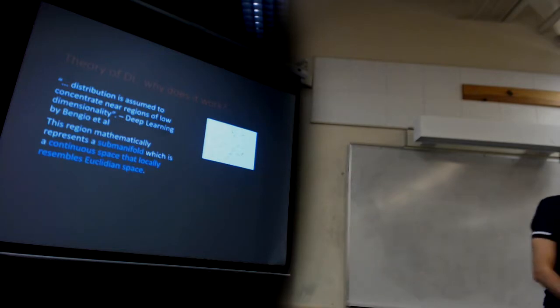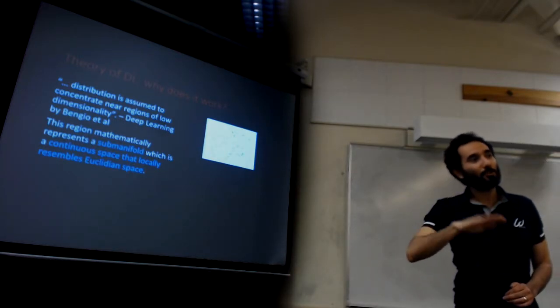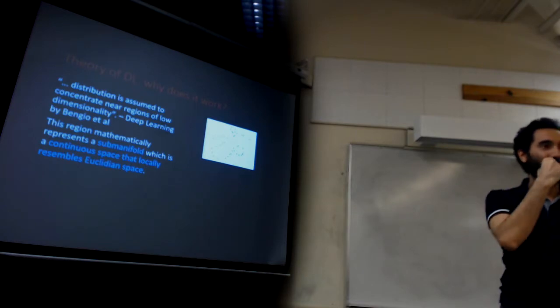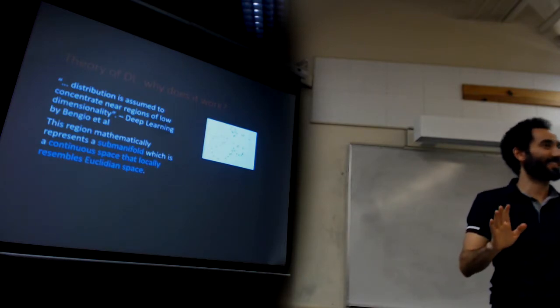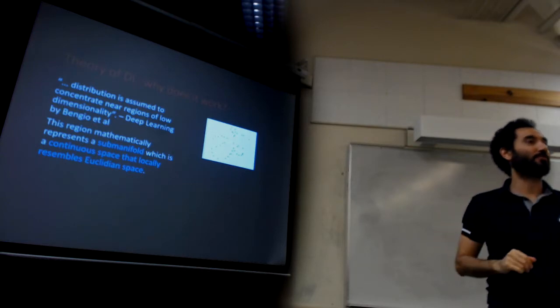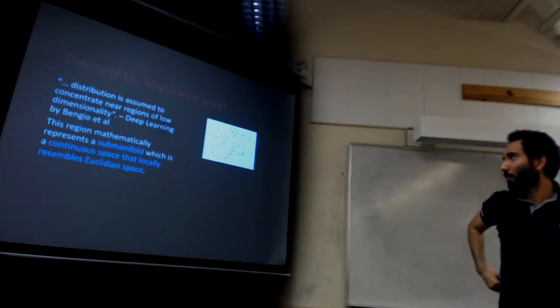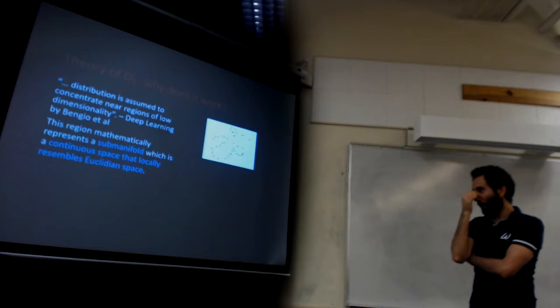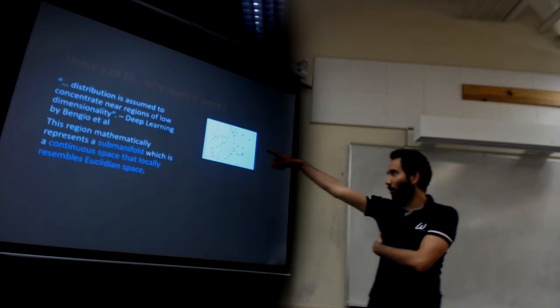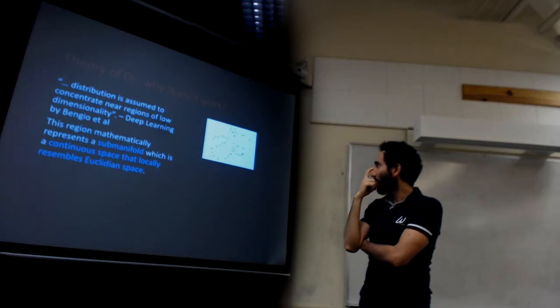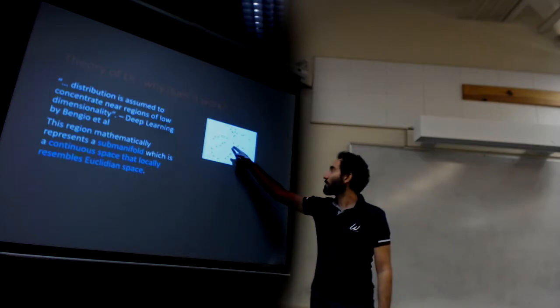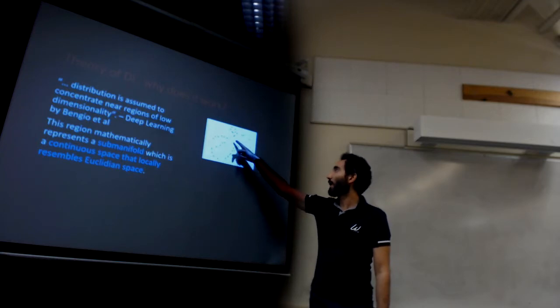So, going a little bit deeper into the mathematics and statistics of it, I will try to give you a few sentences about the math point of view on the problem. That quote is from a deep learning book by Bengio. Assume that these are data points of your data.